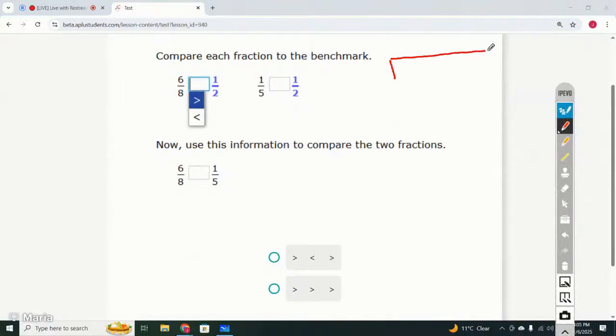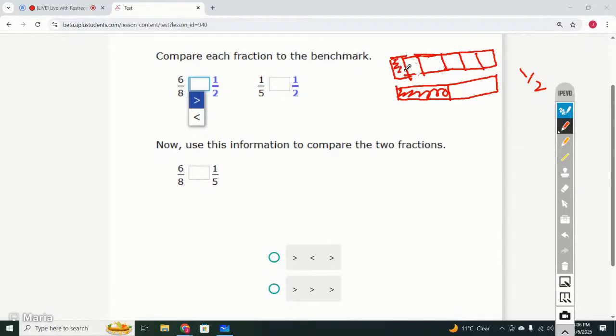This is 1 by 2, right? And this is 1, 2, 3, 4... Okay, 1, 2, 3, 4, 5, 6.